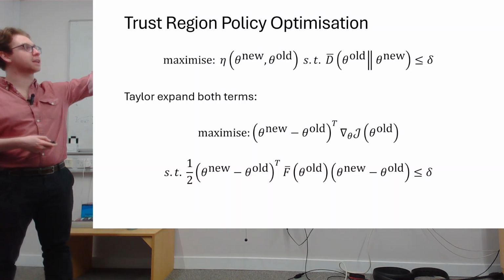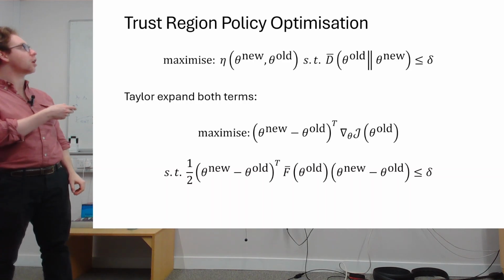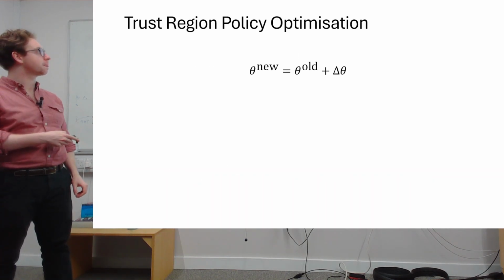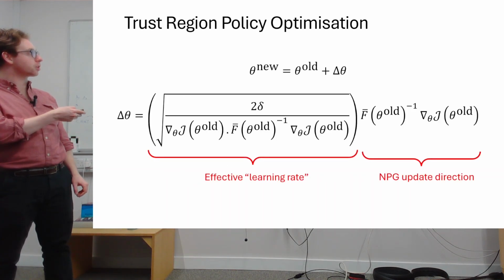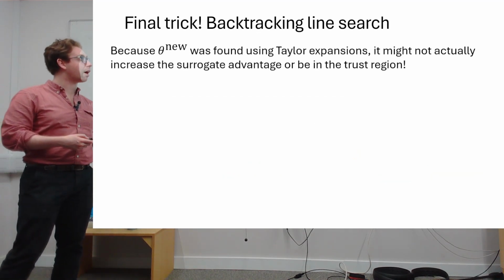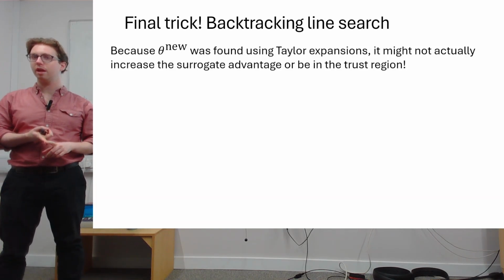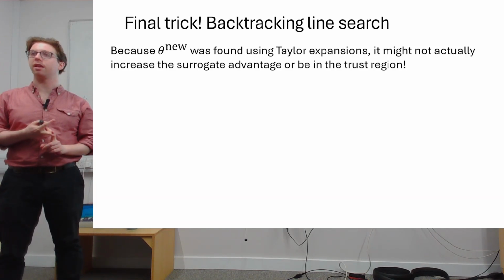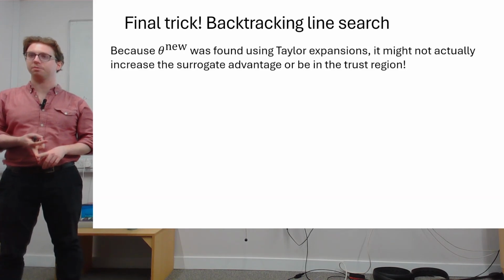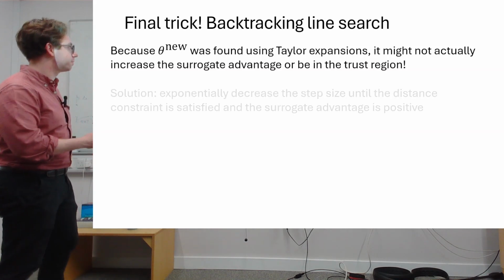But that doesn't mean that it's actually going to satisfy this constraint here or increase this advantage here. So this is just an approximation, and this means that the theta nu that we found doesn't necessarily increase the surrogate advantage, and it doesn't necessarily lie within the trust region. We're not guaranteed that either of these things are true.